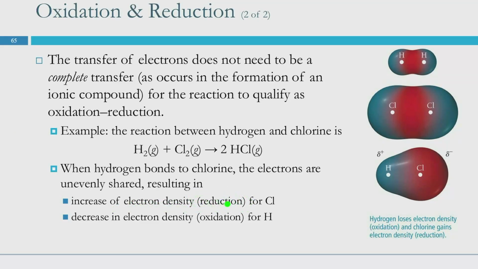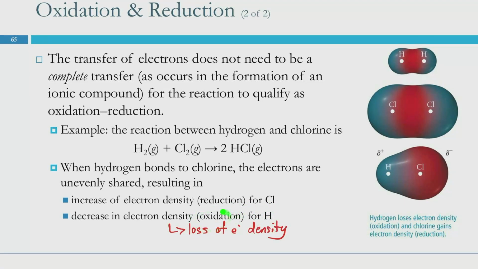Reduction is gain of electrons, or gain of electron density for chlorine. And the electron density around hydrogen is decreased. So we've got a loss of electron density for our hydrogen. So the hydrogen was oxidized.